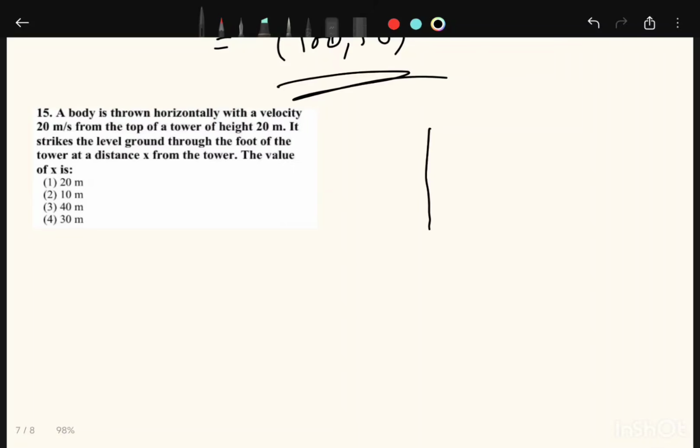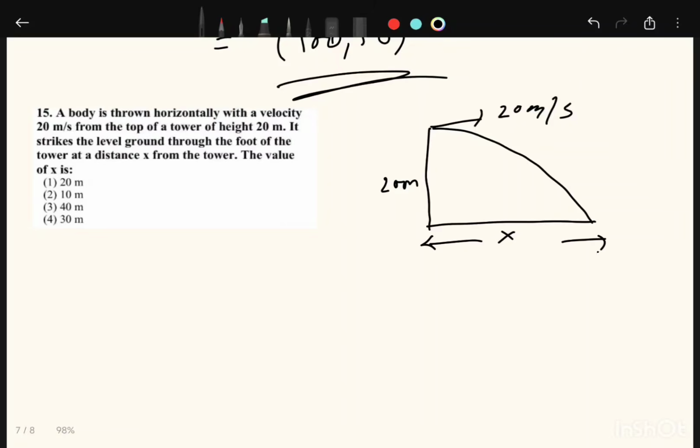So the height of your tower is given as 20 meter, and the horizontal velocity is also given as 20 meter per second. It strikes the level ground at the foot of the tower at a distance of x from the tower. So we have to find the value of x here.